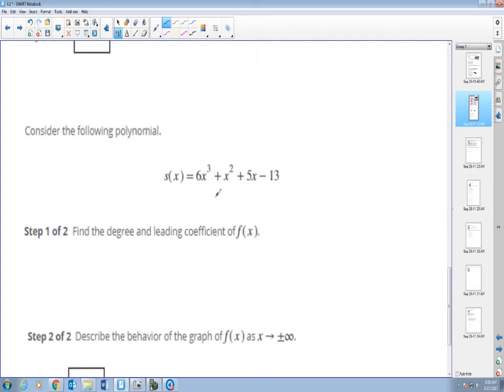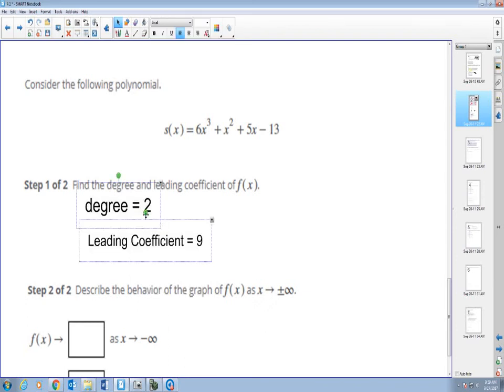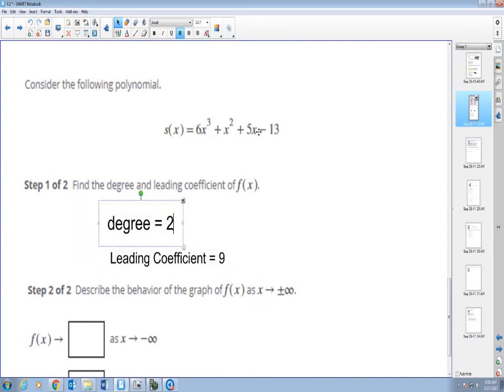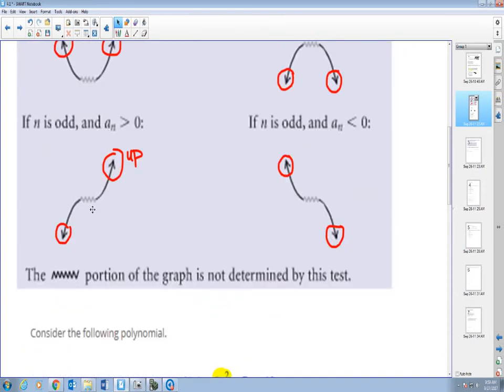Now this one, for example, the degree of the polynomial: the highest exponent we see in this polynomial function is a 3. So that tells me the leading term is going to be 6x to the 3rd, and the leading coefficient would be positive 6. So odd exponent, positive coefficient on the leading term, will give me this graph.